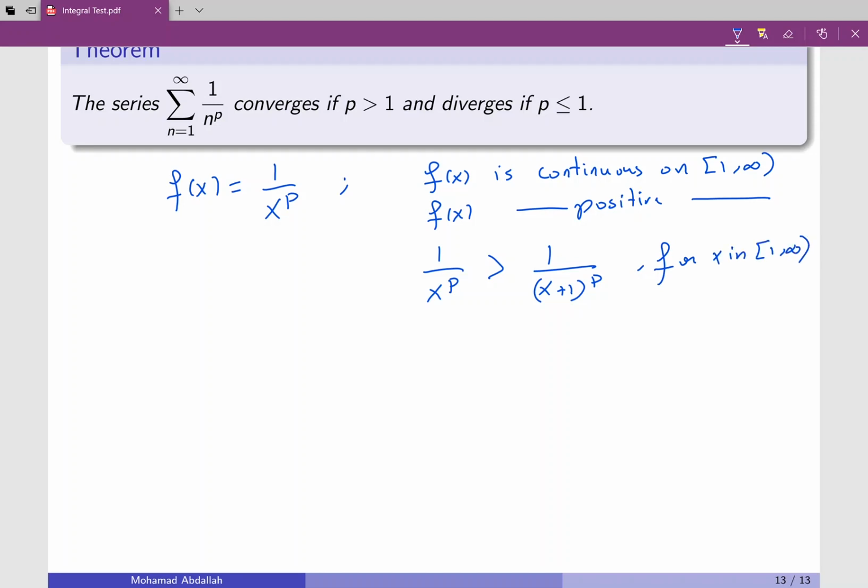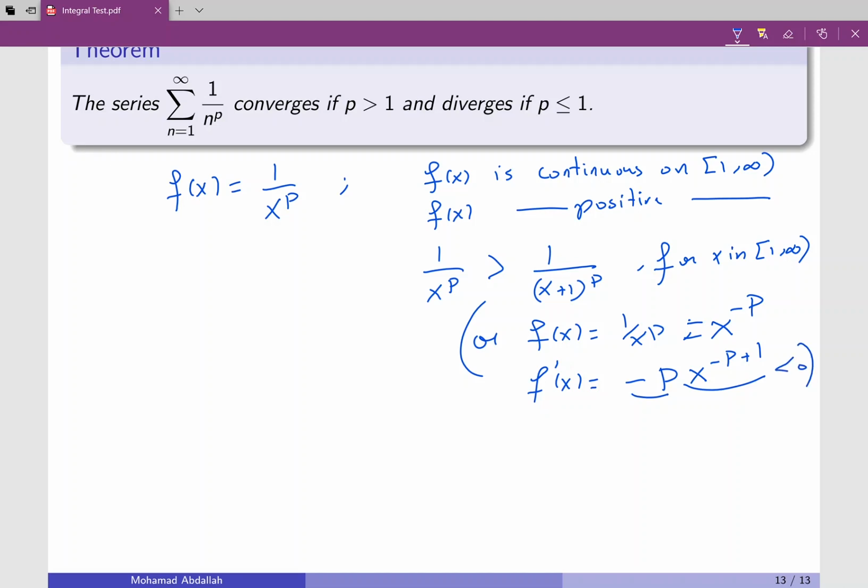Moreover, if you want, you can take the function f of x equal 1 over x to the power p and take its derivative, f prime of x, which is going to be, so this is x to the power minus p, so that's going to be negative p x to the power minus p plus 1. This is a positive quantity, this is negative, so the answer is negative. Okay, so that means that we can apply the integral test.